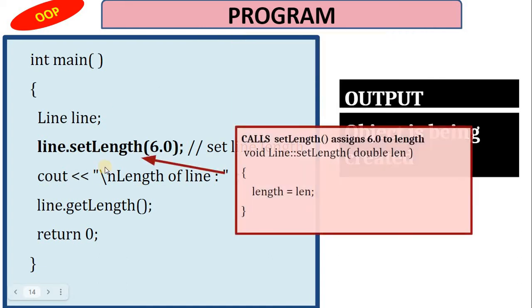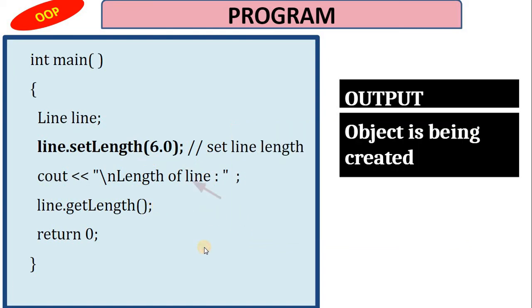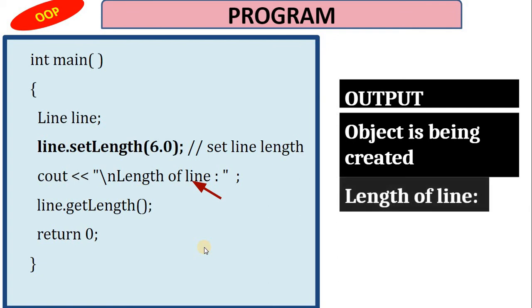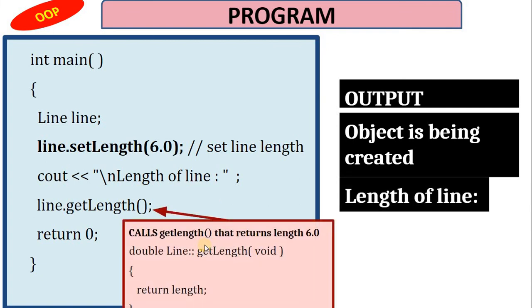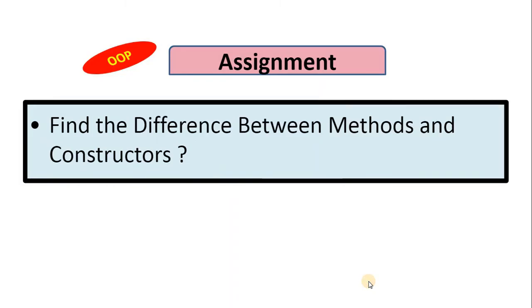Next, line.setLength(6.0) will assign 6.0 to length, and you will display the length of the line. Then you are writing line.getLength, which calls the getLength function that returns length 6.0. That is why you get the output as 6.0.